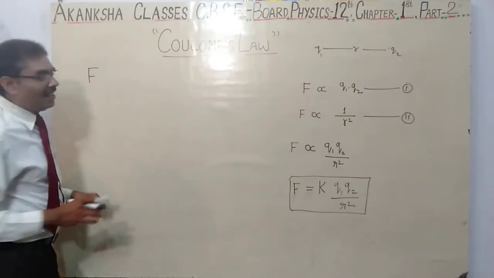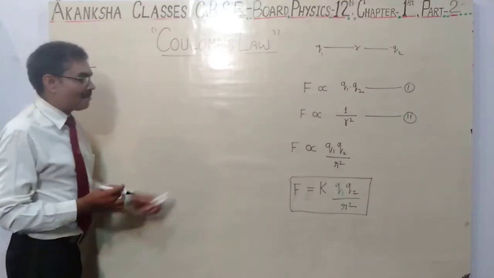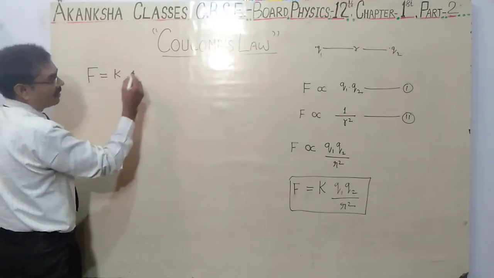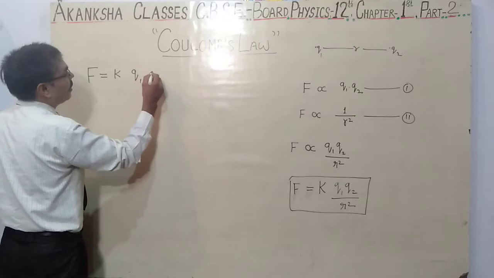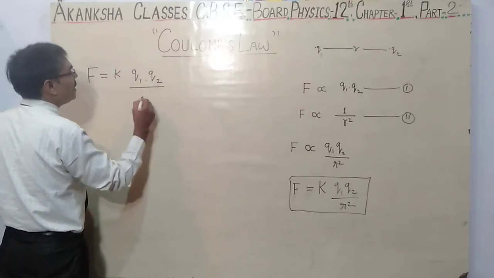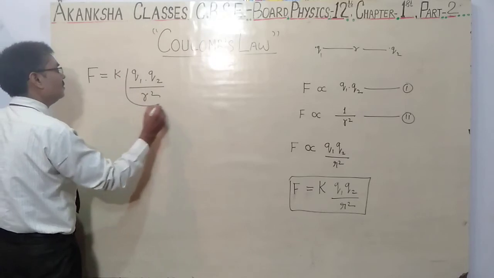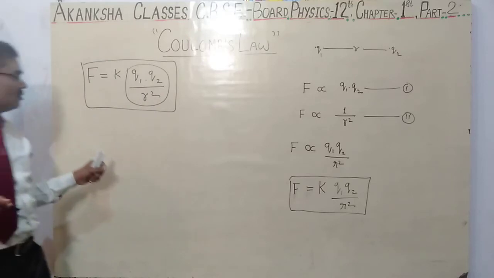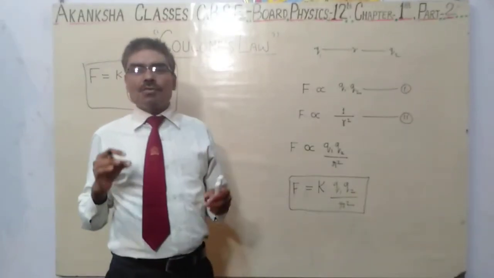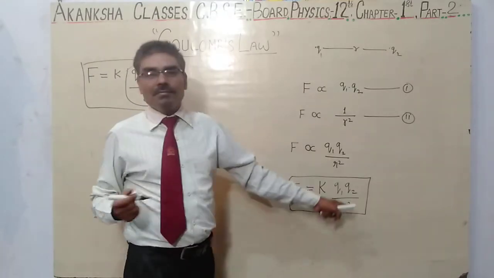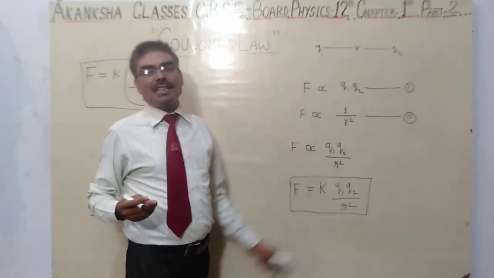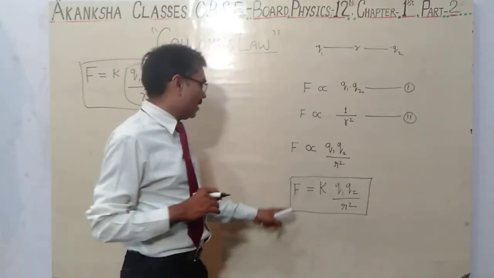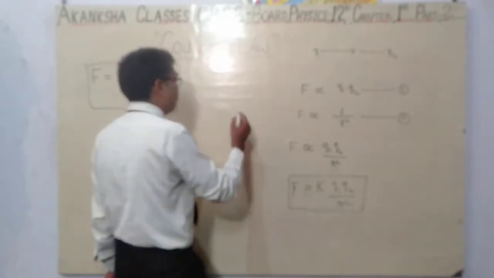According to Coulomb uncle, what Coulomb uncle declared about the force between 2 point charges: F equals k Q1 Q2 by r square. Students, we should know that the same expression was given by Newton to determine the force due to gravity.